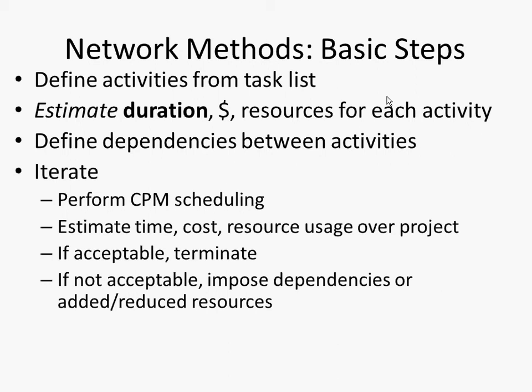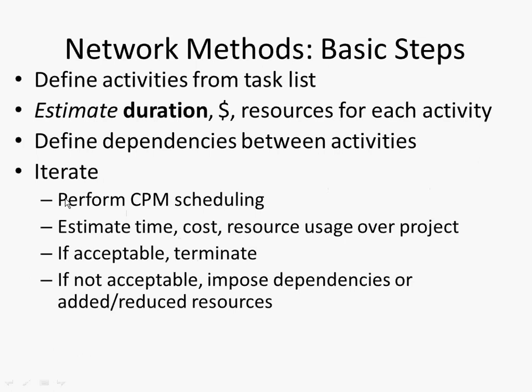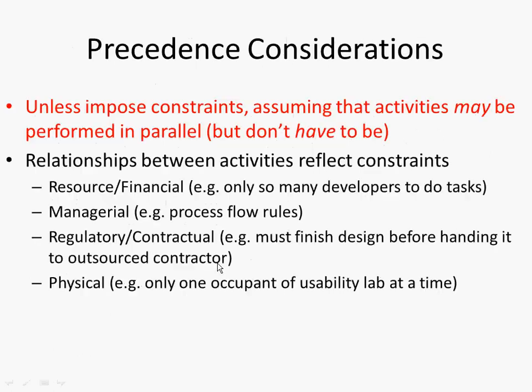So we have to define the activities, the tasks, we have to define their durations, and we've got to define the dependencies between them. And then we're going to perform the CPM scheduling algorithm. If you're considering resource usage and cost, you may want to further impose dependencies and refine things if it's unacceptable. For now, we'll just be talking about the single algorithm where we perform CPM scheduling. And what does it tell us?